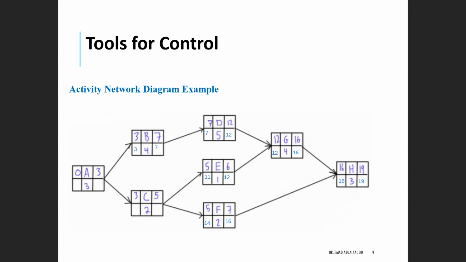Now, for activity C, we have a different situation. We have two activities as successors to activity C, which are E and F. E and F have different values in terms of the late start time.